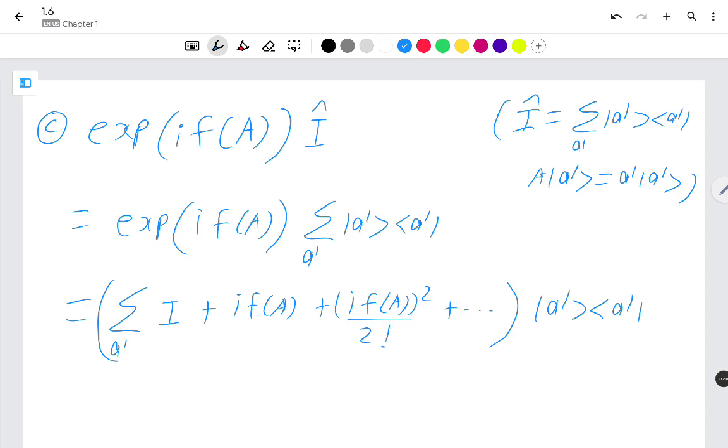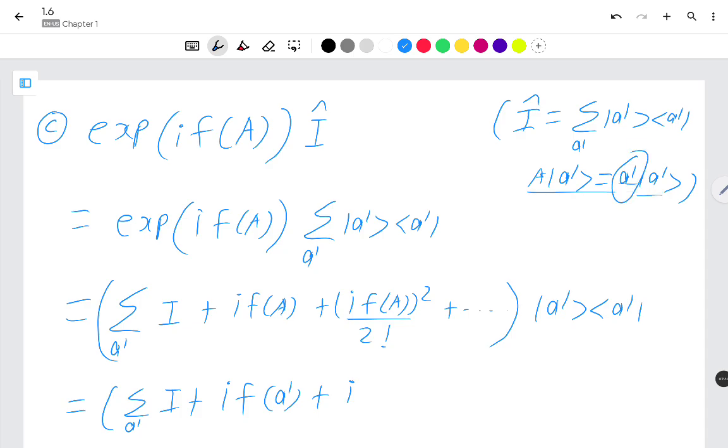So this f of a will basically now become an eigenvalue, because if it operates on these a primes, it returns nothing but the a prime eigenvalue.